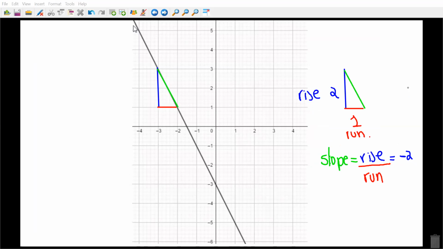And the run is going from left to right or from right to left? From left to right. So the run is 1, and negative 2 divided by 1 is going to be equal to negative 2. Okay?